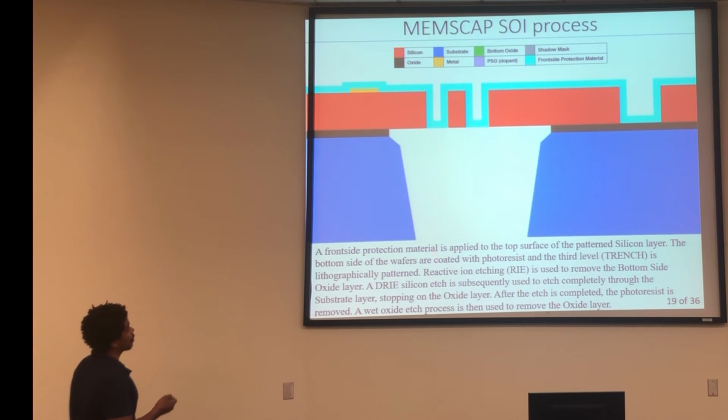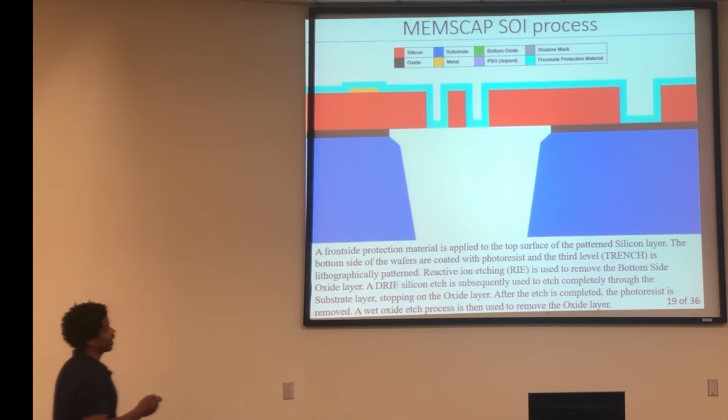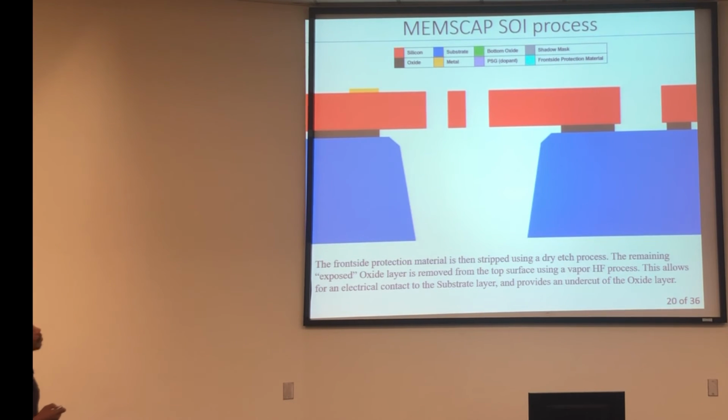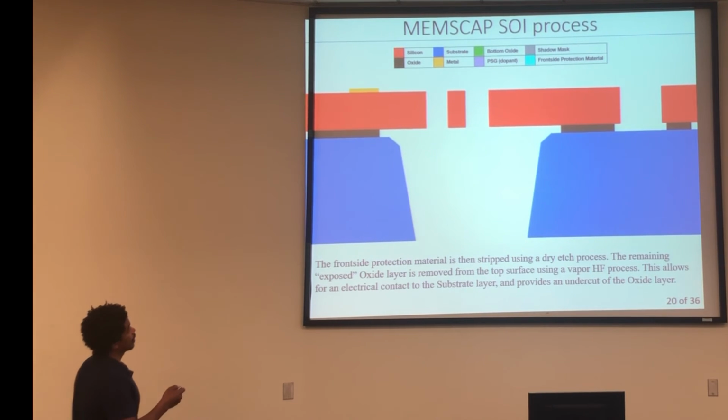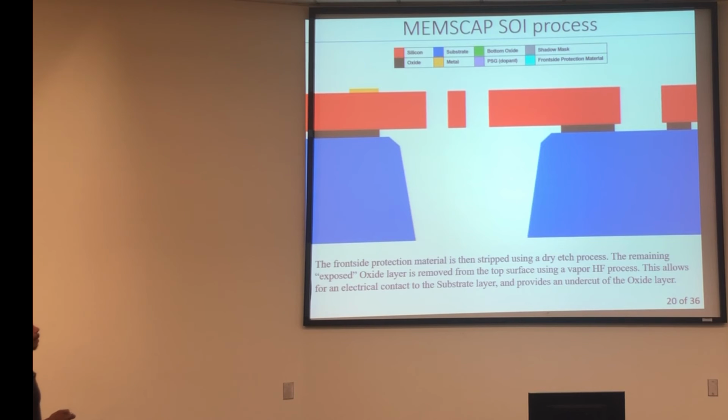So you etch all the way through the backside right here, and you protect this. So you put some protection material on it so that it doesn't get etched away. And then once that's done, you etch the rest away, and now you have your cross section of your MEMS device. This could be like a cantilever. It could be all kinds of devices, but this is just a cross section of what that looks like.